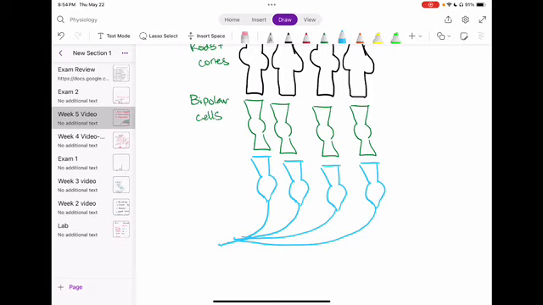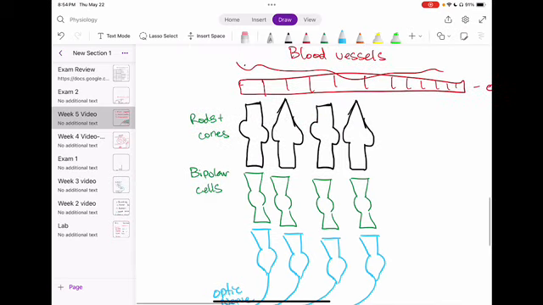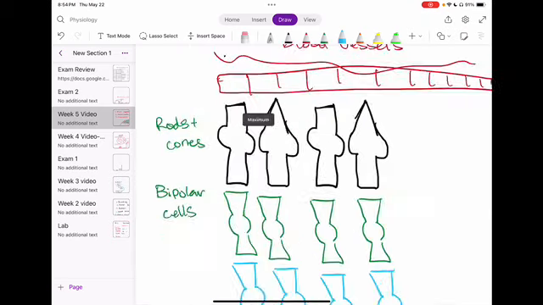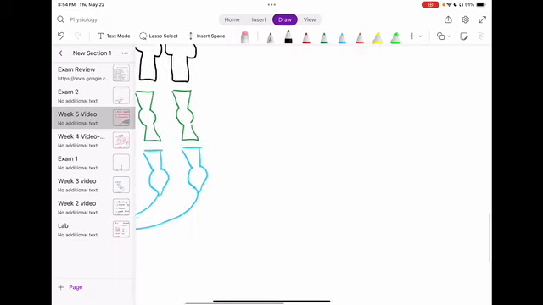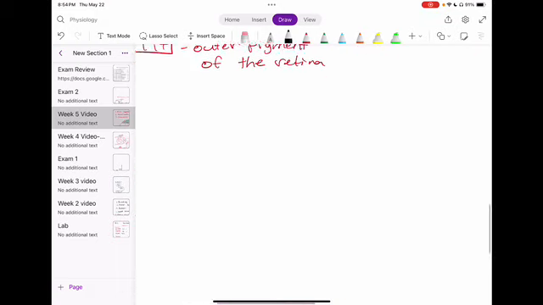All of these together will leave the eyeball, and these all make up the optic nerve. Okay, and so what we're going to do is zoom in on one of these cells here, one of these photoreceptors. We're going to talk a little bit about what is going on here.